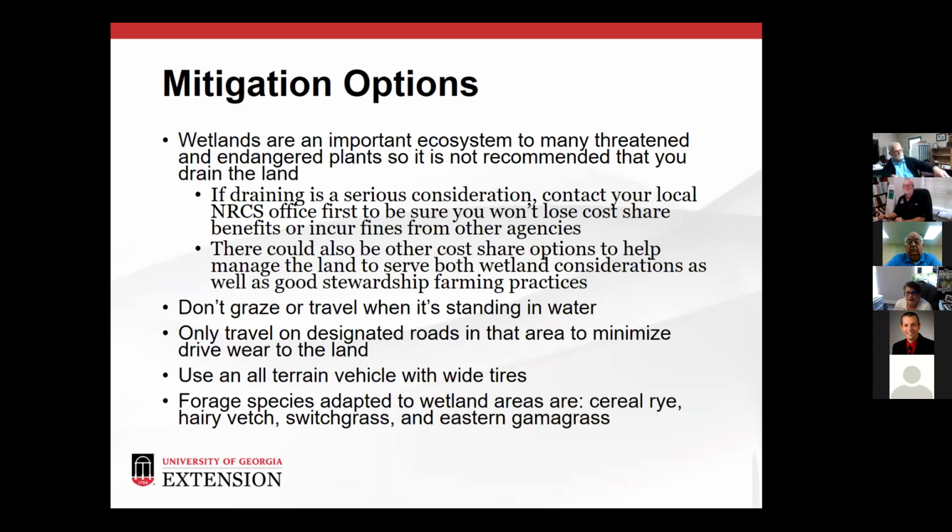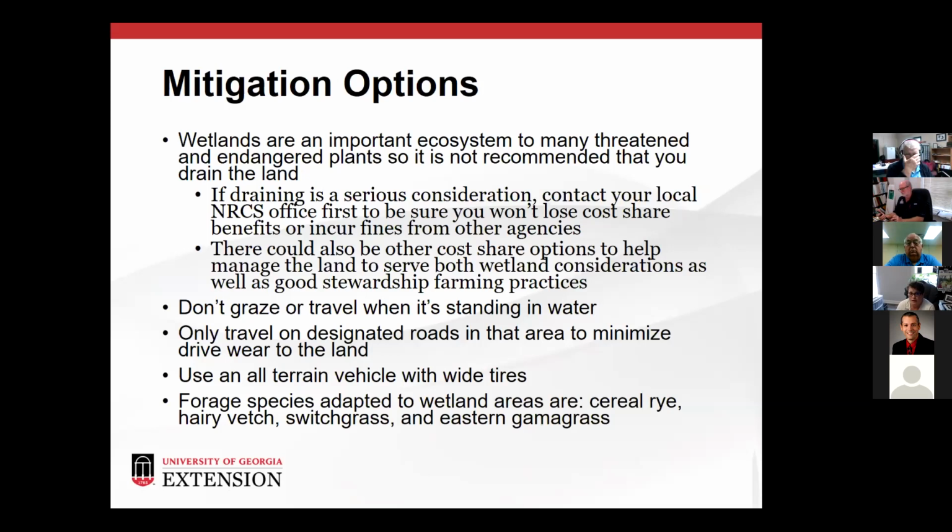Consider creating a wetland location. Wetlands are important to many threatened and endangered birds, plants, a lot of the frogs, the fishes, that type of thing.